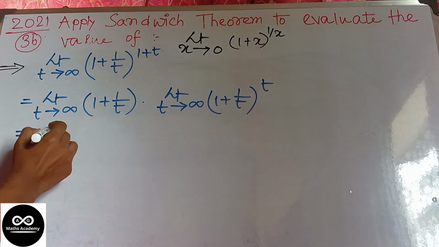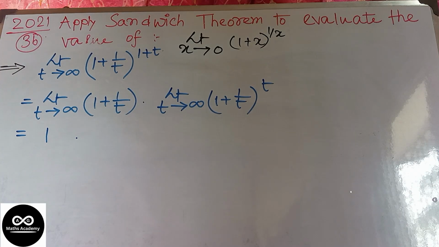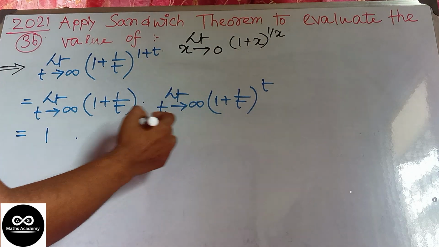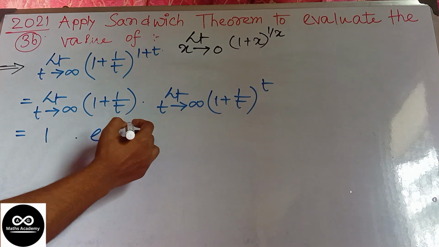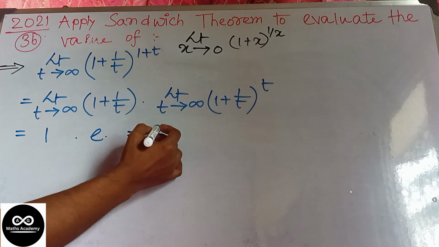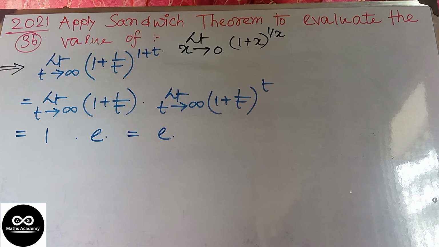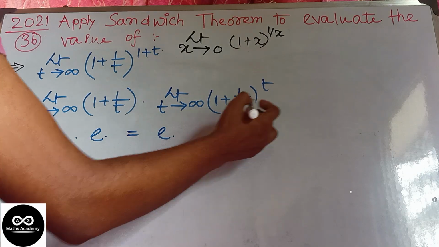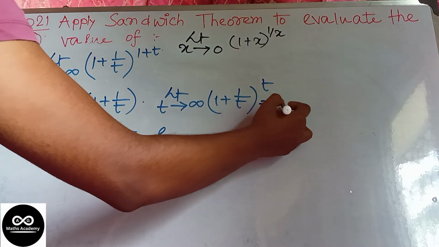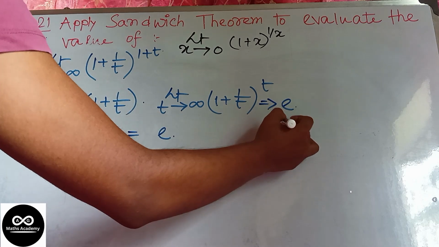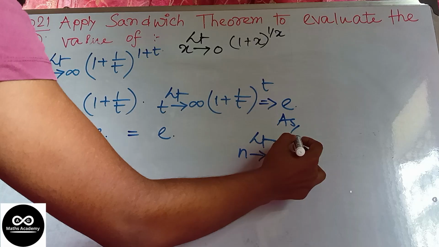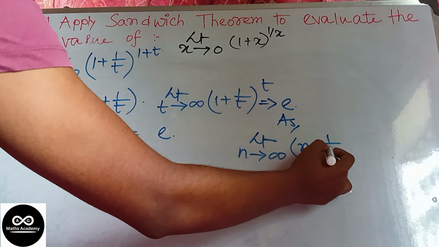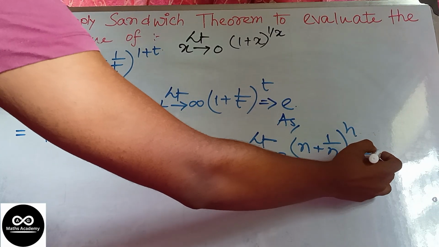So this will be 1 into e, so the whole thing will be e, as the limit as n tends to infinity of (1 + 1/n)^n equals e.